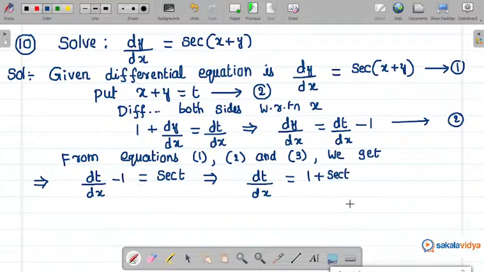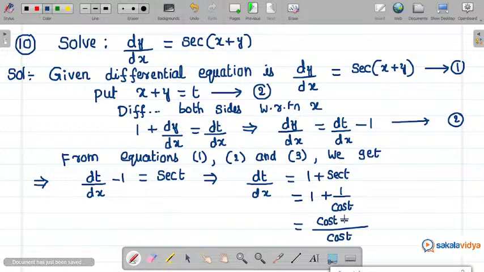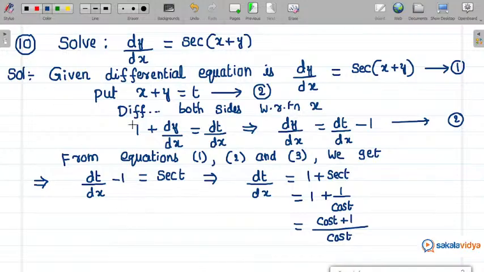So now this 1 plus secant t we can write, 1 plus secant t means 1 plus 1 by cos t. Here LCM cos t. So then we can write cos t plus 1 by cos t. So now interchanging here, what do we get? dt by dx is equal to cos t plus 1 by cos t.